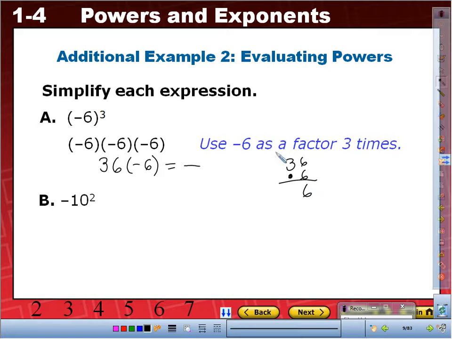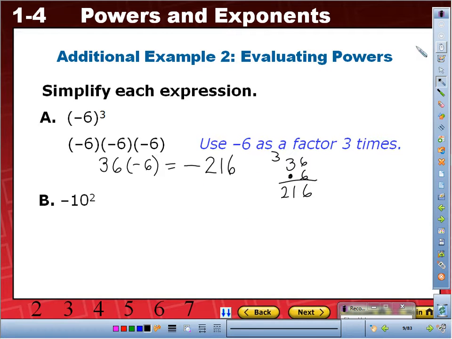I got 3. 6 times 3 is 18 plus 3, 21. So that's 216. So this becomes negative 216.